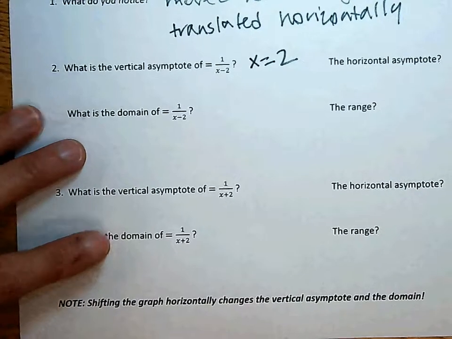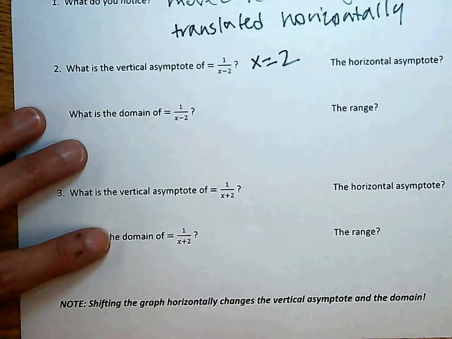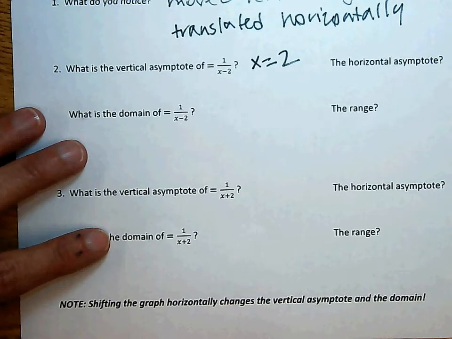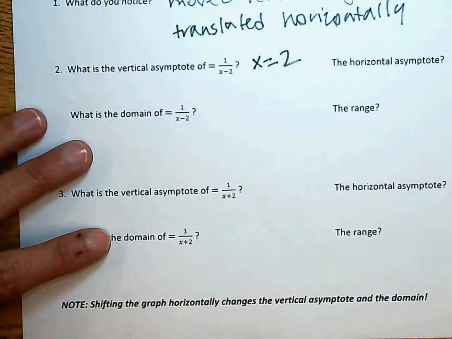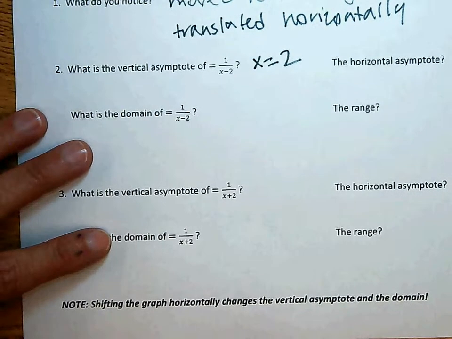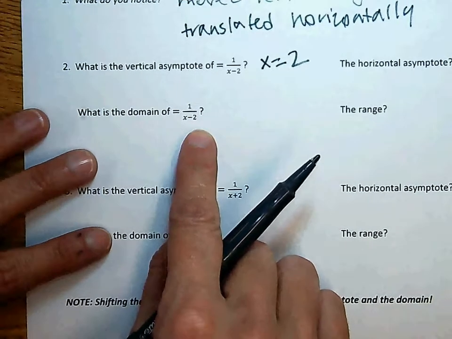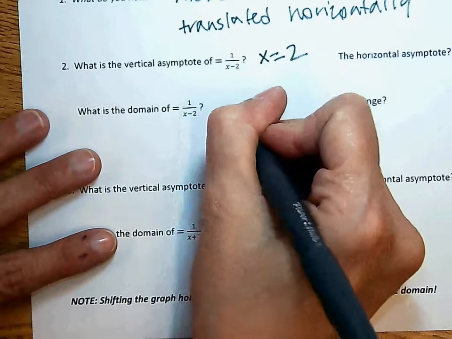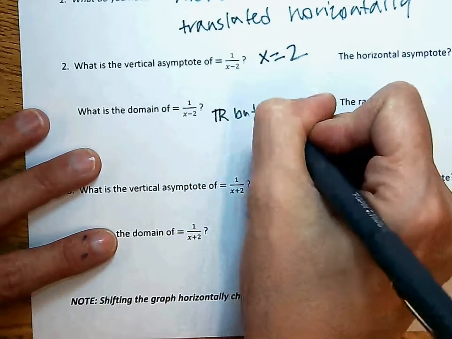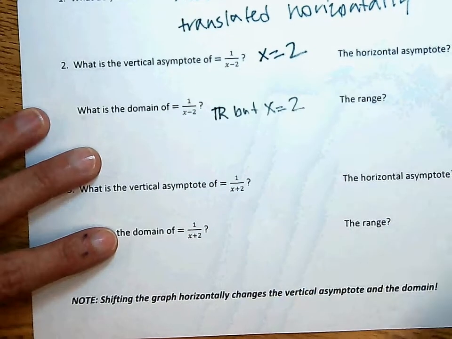Now, we said, and that's why I said get your notes out to look, that your domain basically was all reals, but x could not equal 0, right? So what is this domain going to be? All reals, but x cannot equal 2.